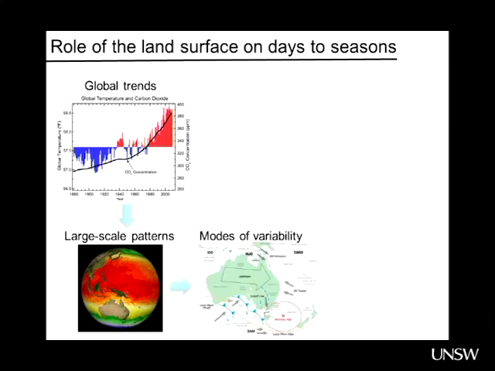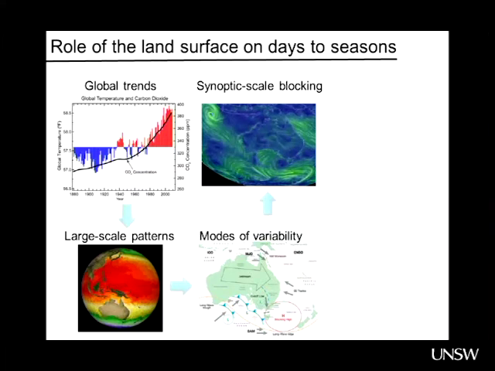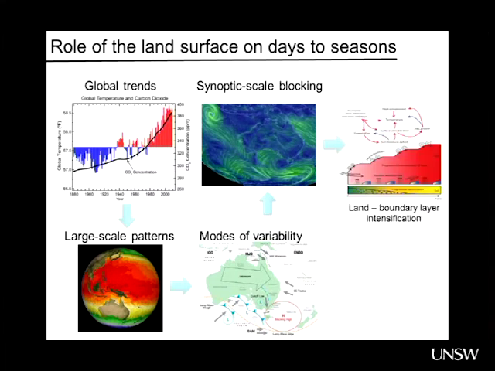And that feeds through multiple other modes of variability to get to be really interesting. We really start to see that that trend is superimposed onto those large-scale patterns that in itself feed into the various drivers of climate over Australia, and then filtering through synoptic scale processes like blocking, east coast lows, southerly changes and everything else, and feeds on into how the land interacts with the atmosphere.